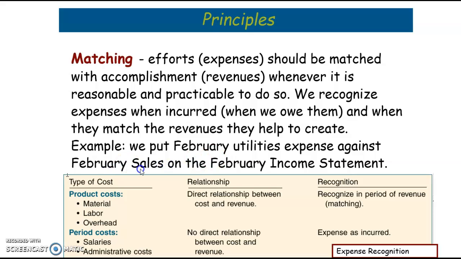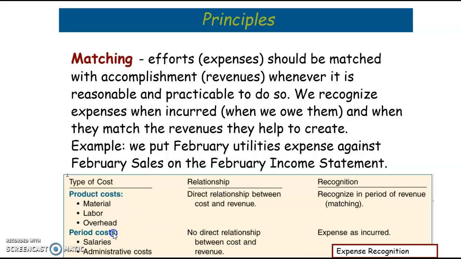So we want to make sure on the February income statement that the February sales, and then we subtract the February utilities, regardless of whether we prepaid those utilities in January or we're not going to pay the February utility bill until March. We don't care. When we're paying that bill, we want to record that bill in February against the February sales. We want to match the expenses of a particular period to that same period of the revenues they help to create.